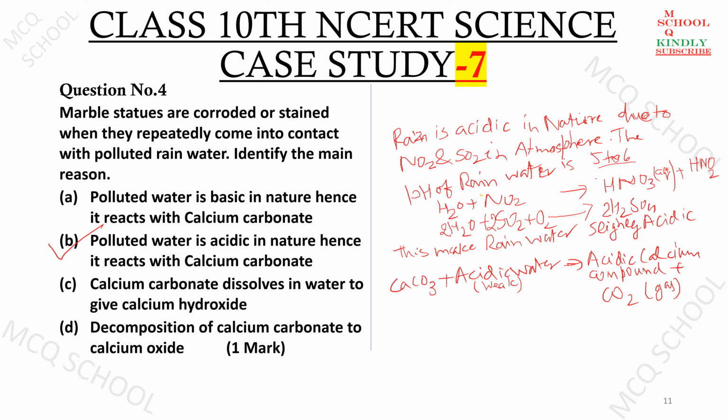Hence the pH of the water drops to between 5 and 6, and when this acidic water falls on statues which are open in the air, it stains the statues.